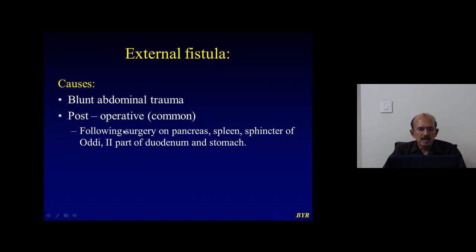So if any one of these organs is operated, because you are in the vicinity, the pancreas may be injured, and that can result in fistula formation. For this fear of fistula, many surgeons don't operate upon the pancreas, because whenever a fistula is there, it causes a lot of headache to the surgeon as well as trouble to the patient.